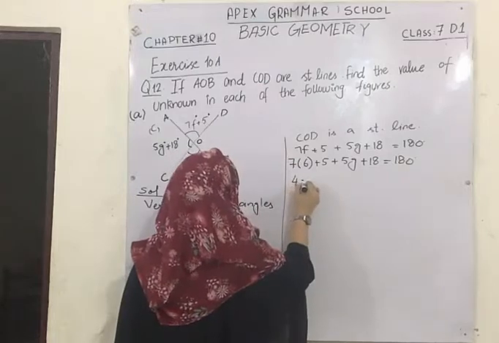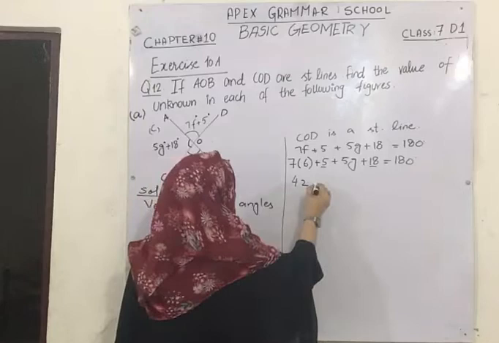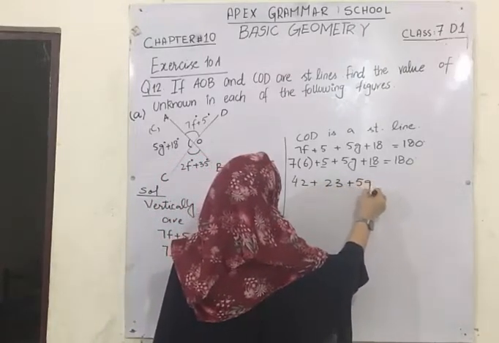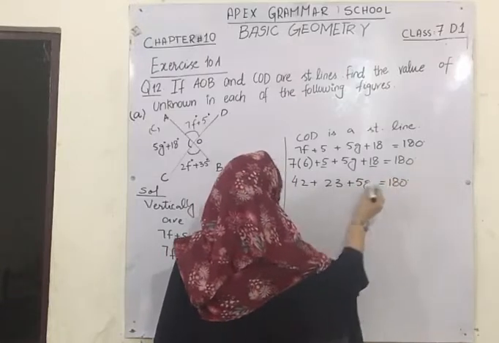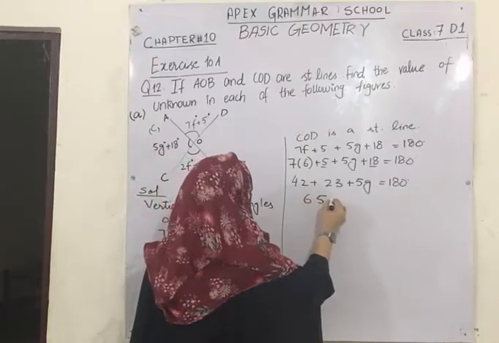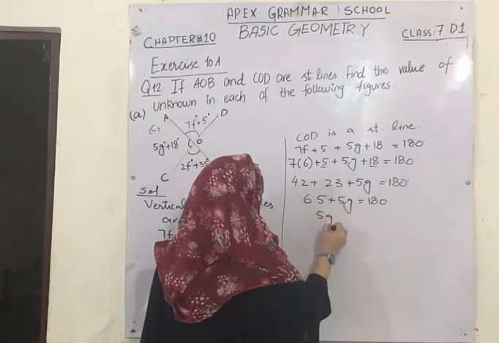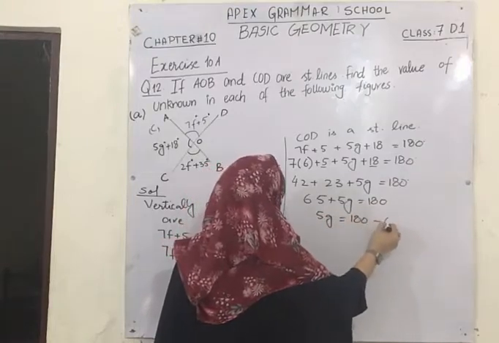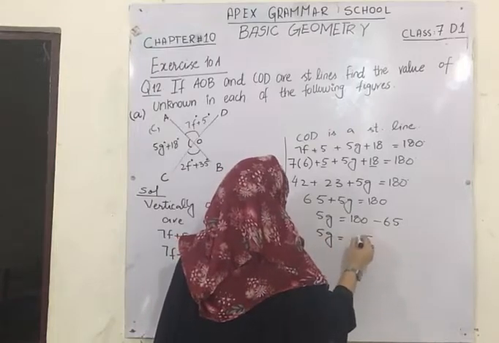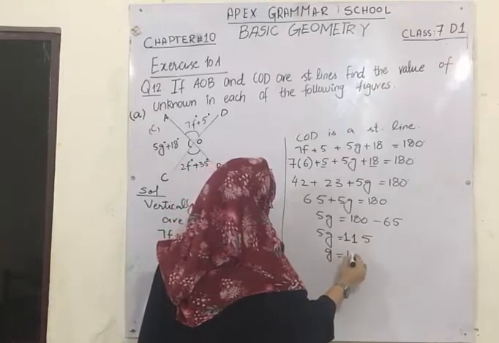7 sixes are 42, 5 and 18 are like terms, so I am going to add them. 42 and 23 are again like terms, so I am going to add them. 65 is added here, on the other side it will be subtracted. 115. 5 is being multiplied, on the other side it will be divided.